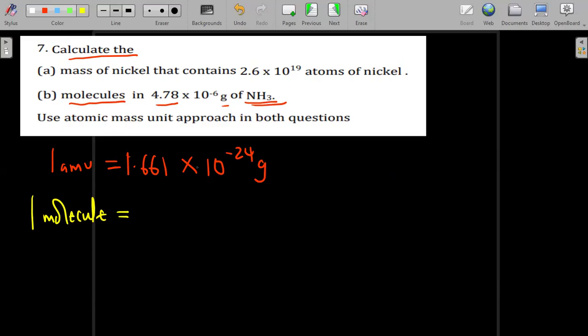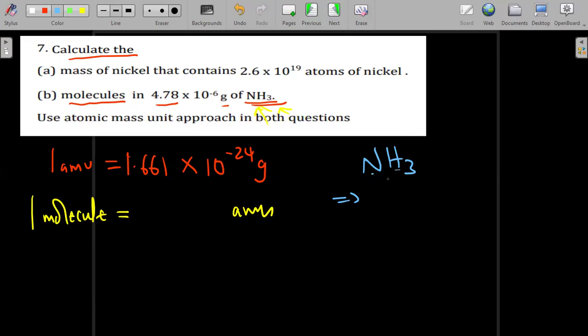Okay, so meaning that here we have ammonia, right? So the atomic mass units that we are going to write here should be equals to the molar mass of that compound that you have. Okay, so in this case, we have ammonia. So what is the molar mass of ammonia? We're going to add the molar mass of nitrogen plus 3 times the molar mass of what?